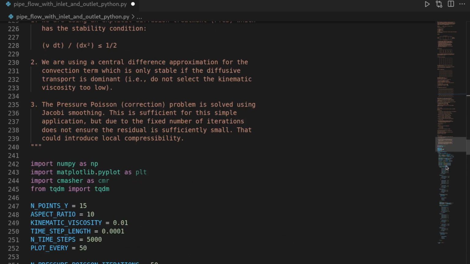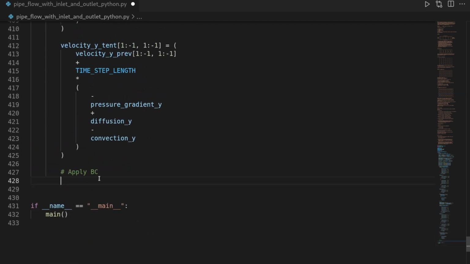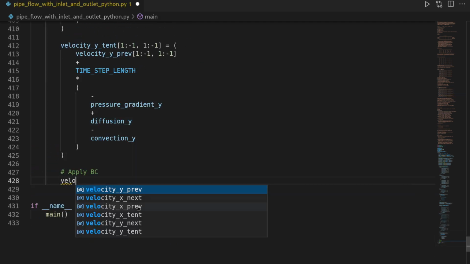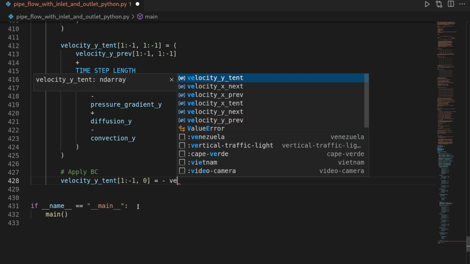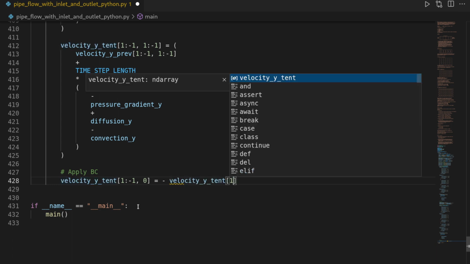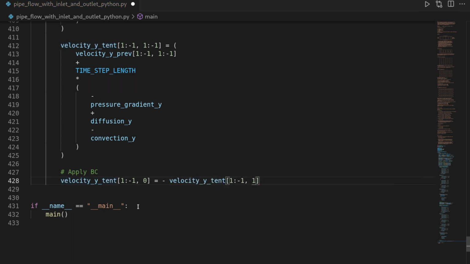So let's go down here and say velocity y tentative, and then the interior points in y direction, and at point 0, since we are at the very left, so the ghost node here, this one is going to be, and now let's not make the mistake, minus velocity y tentative interior point 1.